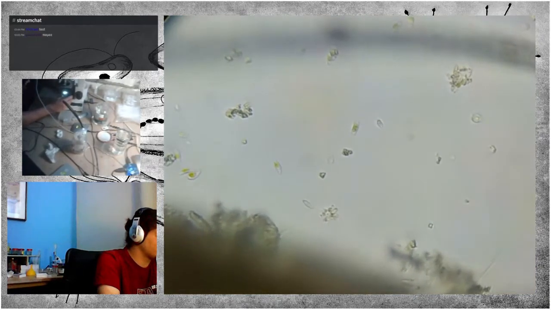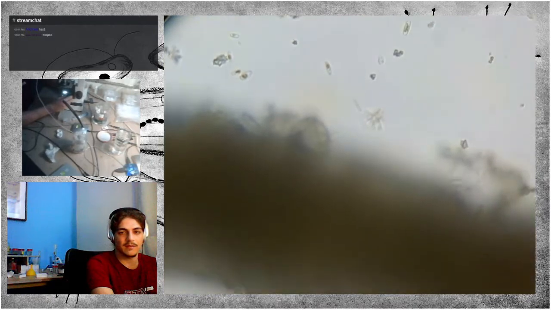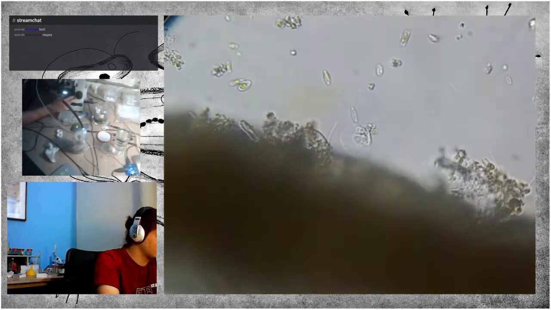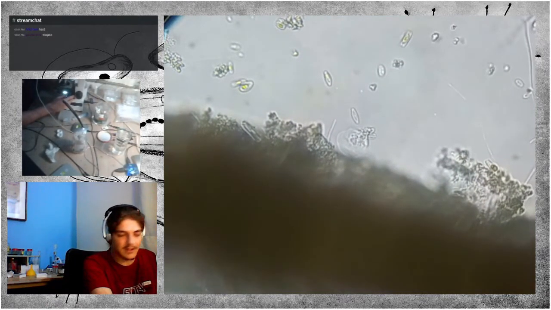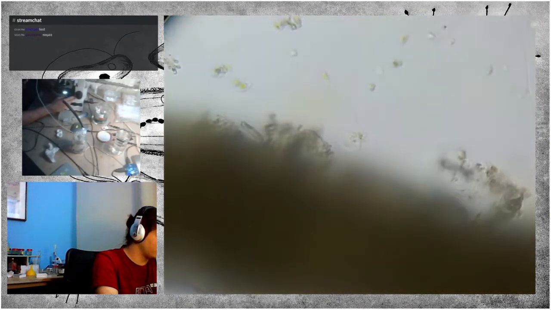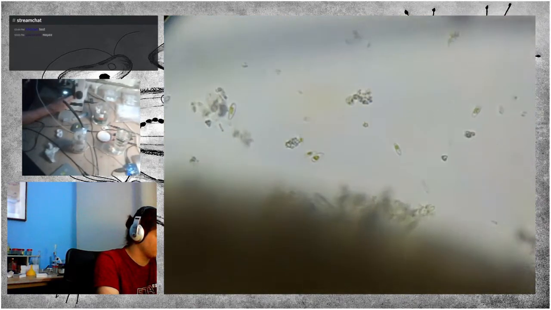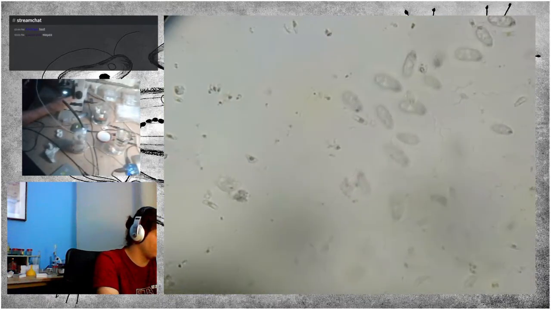For example, this amoeba in the middle of the screen, you can't see it very well, but I can assure you there is one. Let me close the diaphragm again. Now you can see it quite clearly. This moves quite slowly compared to many diatoms. I'll see if I can find a moving one to show you.